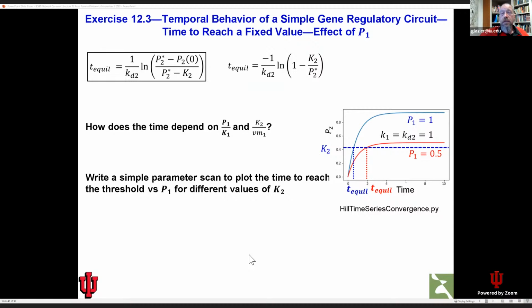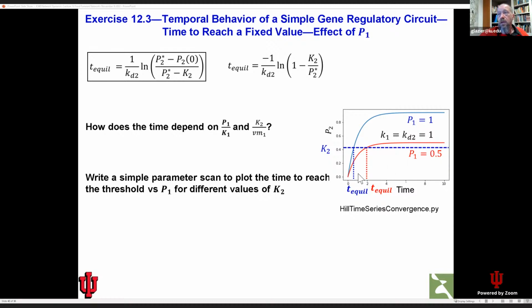So let's do a little exercise. Fire up antimony, please, and tellurium on NanoHub. And to begin with, you could simply write something that gives you the time series for my Hill function form.